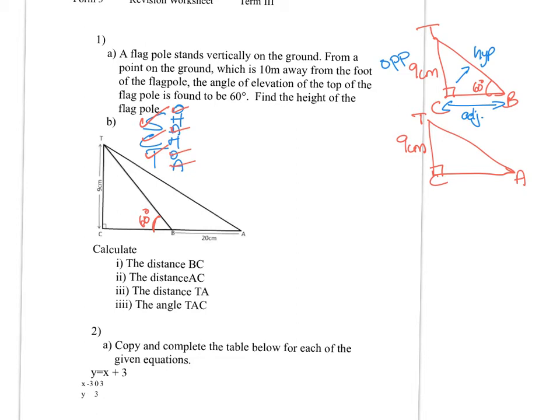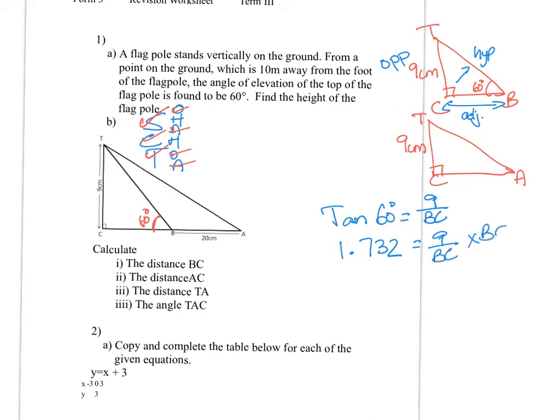So tan 60 degrees is equal to opposite, which is 9, over adjacent BC. Putting tan 60 in the calculator, making sure it is in degrees, we get 1.732 equal to 9 over BC.